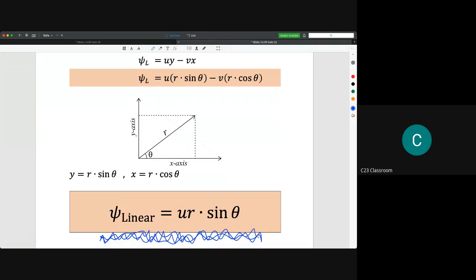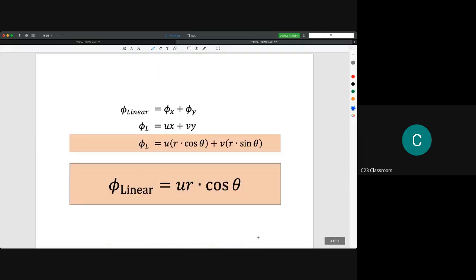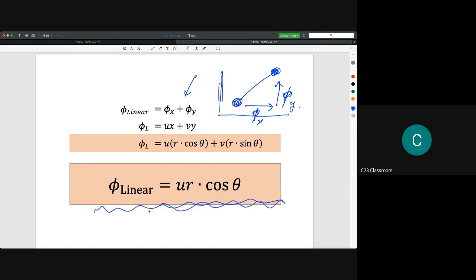Ini adalah four basic flow patterns. Okay, so means that if we calculate the phi here, again we could use the same idea. So means that if we have a Cartesian coordinate here, we have these two molecules, so we could assume that we have a phi for X and this is phi for Y. So and then we could have this kind of equation, and finally we could write the phi linear is Ur cos theta.